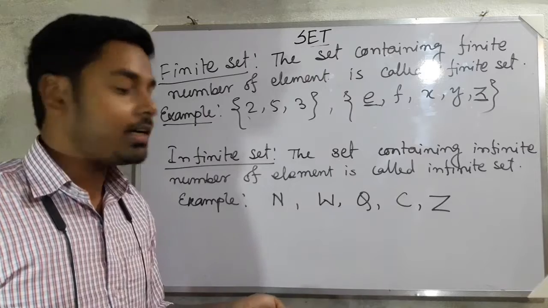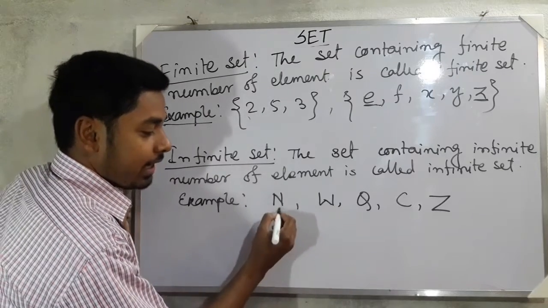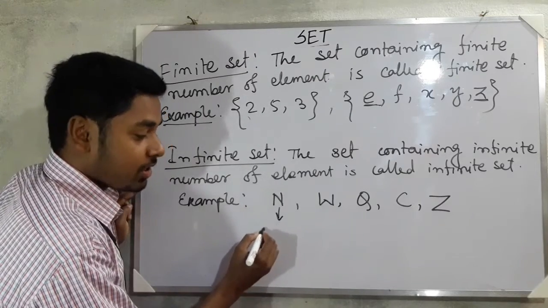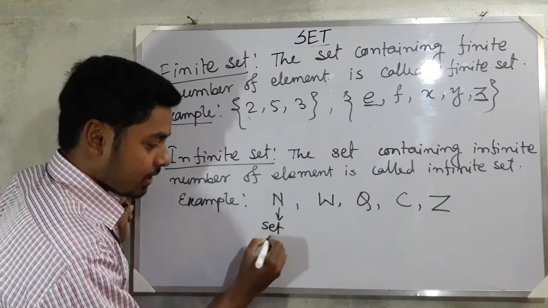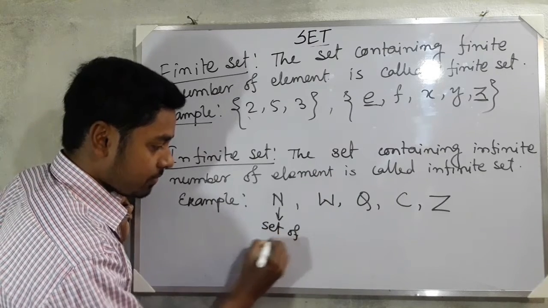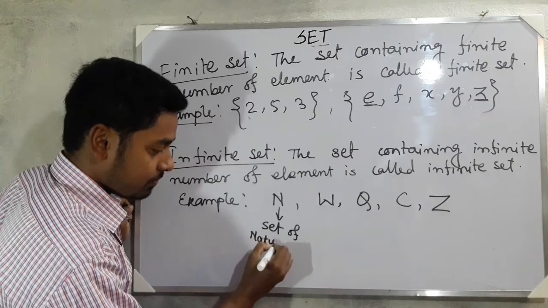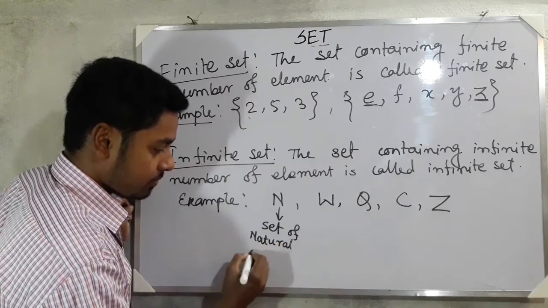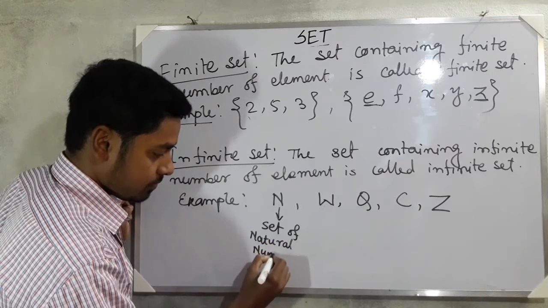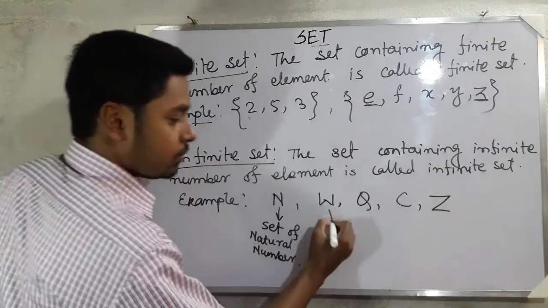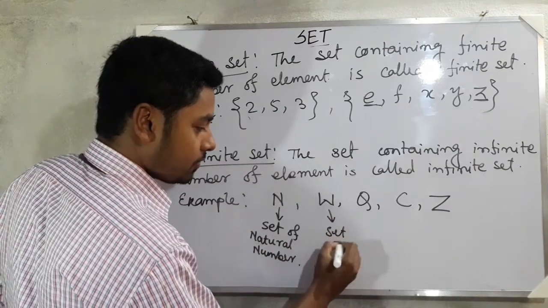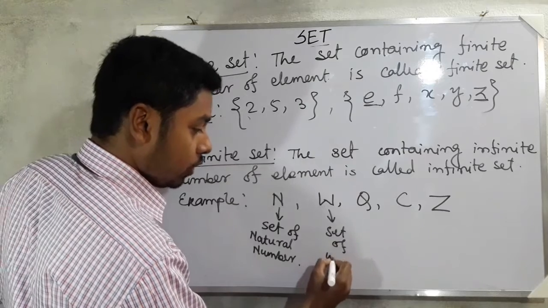We cannot understand. These are what? N means set of natural numbers. W means set of whole numbers.